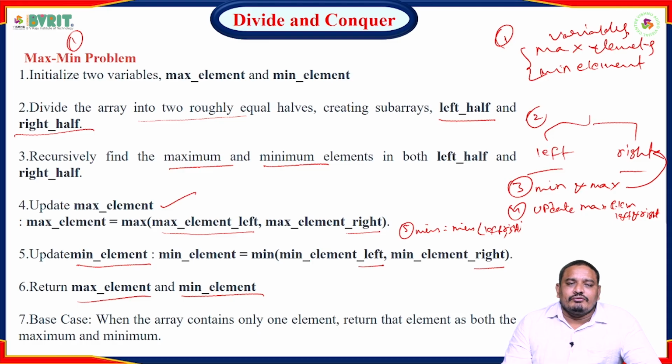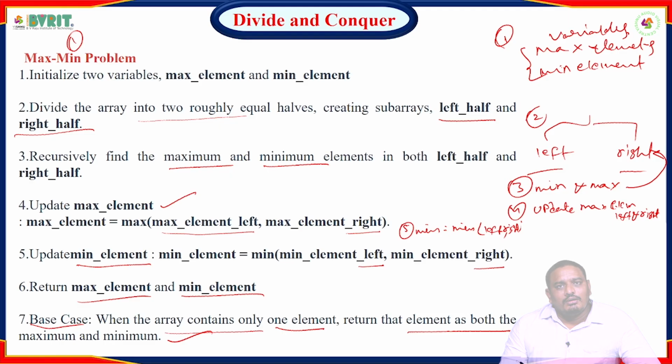The last step is to find the best case. Which one is the best case? When an array contains only one element, it is both the minimum and the maximum, and we return that value as both minimum and maximum. That is the algorithm steps for the minimax problem.